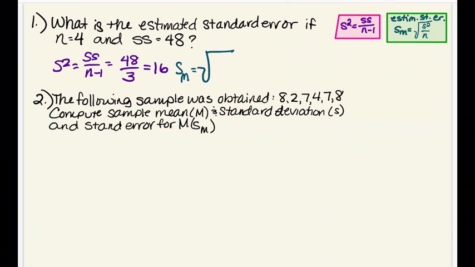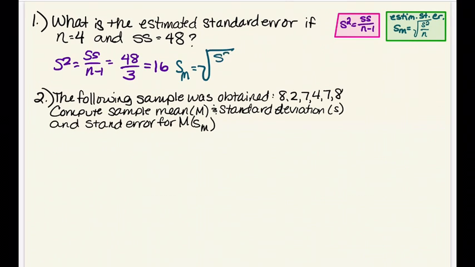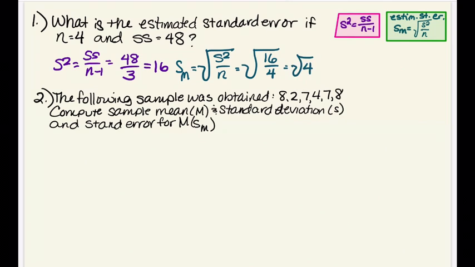Now we can find the standard error, which is the square root of the sample variance divided by n. So we'll have the square root of 16 divided by 4, which is the square root of 4, and that equals 2.